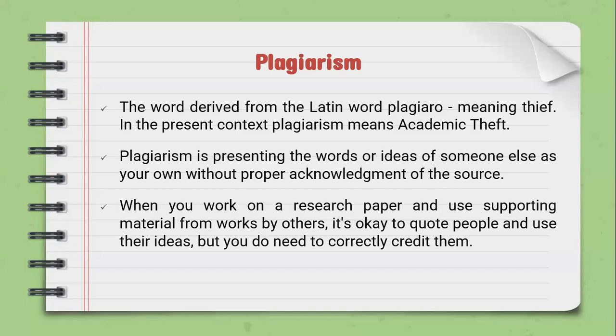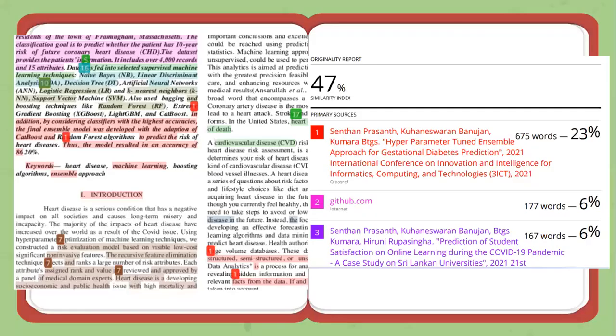You can use that, but you have to give a proper citation. Then it doesn't come under plagiarism. If it is another person's work and you cite them properly, it isn't plagiarism. So keep these points in mind.